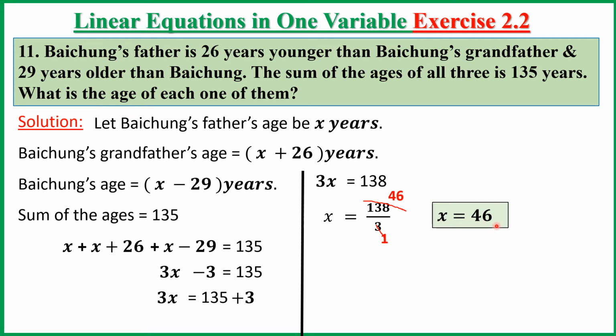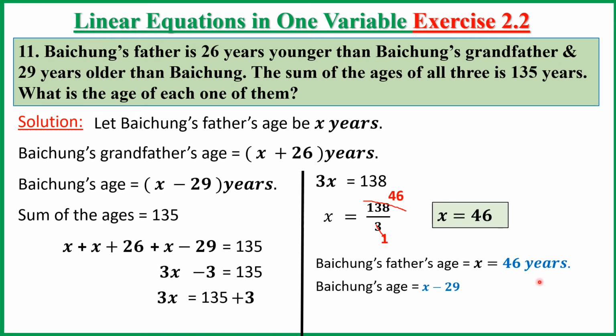Now x equal to 46 is Baijung's father's age. The question is, what is the age of each one of them? So we have to substitute this x in Baijung's grandfather's age and Baijung's age. Baijung's father's age is x, which is 46 years.